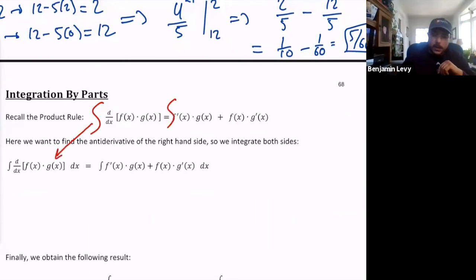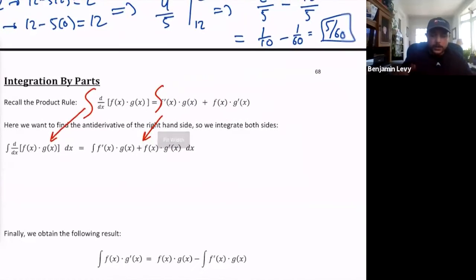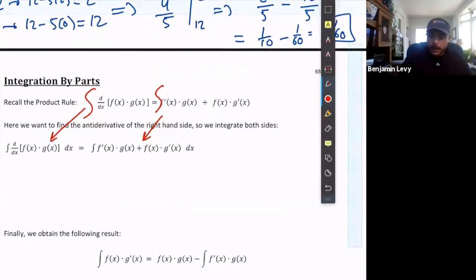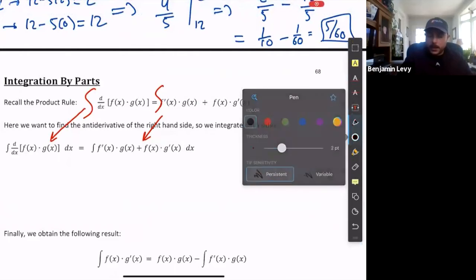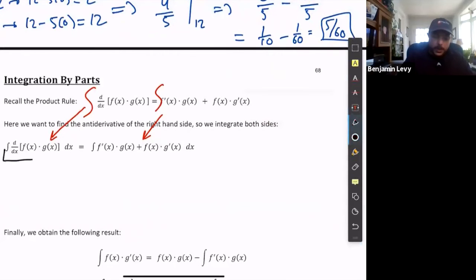If you integrate that next row, it would look like what I just wrote down. So we now have an integral on both sides. And if we integrate the derivative, we just get the normal function back. So on the left-hand side, you're just integrating a derivative, and so the derivative sign just goes away, and we just get f of x times g of x.